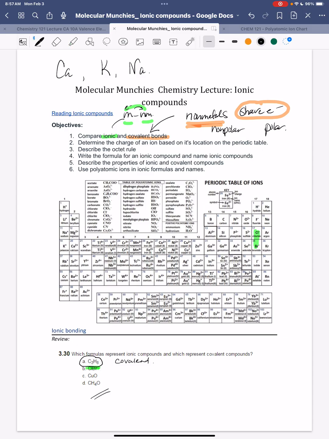The only ionic compound we have on here is going to be this copper. There's copper that's right here, combining with the oxygen right there. So we have a metal, remember, this is our division of metals over here and nonmetals over here. So we can actually tell just by looking at where they're located on the periodic table how they're going to come together. And so we have one example of an ionic compound in here, and the rest are covalent.